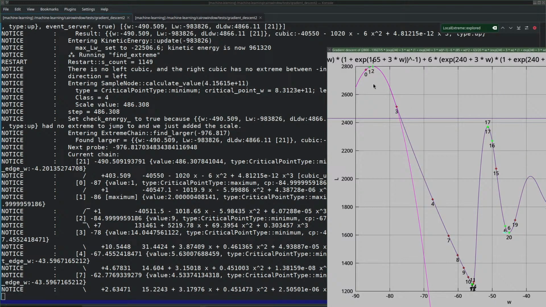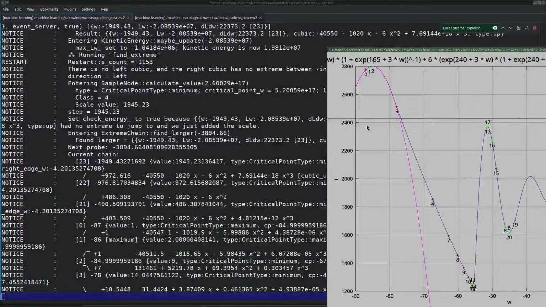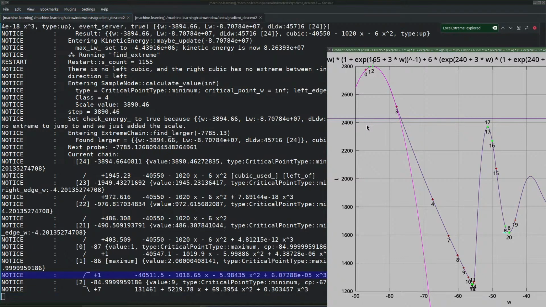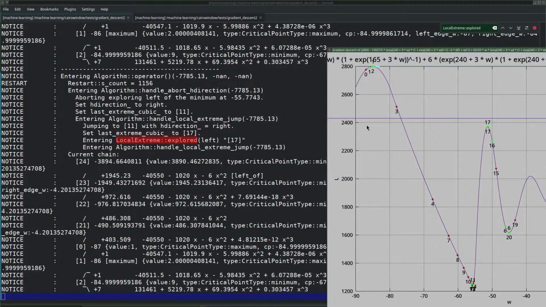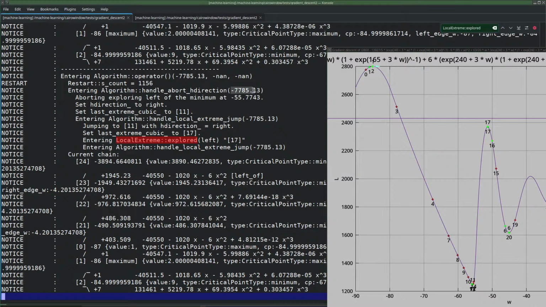And then we go down to minus infinity until we abort. No, it says 17, so explore to the left. What? It was already. Why would I do this? So we went so far to the left that we were at minus 7,785.13.